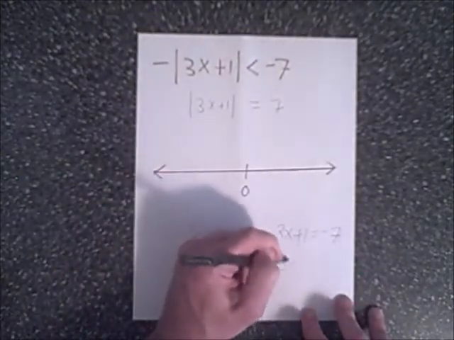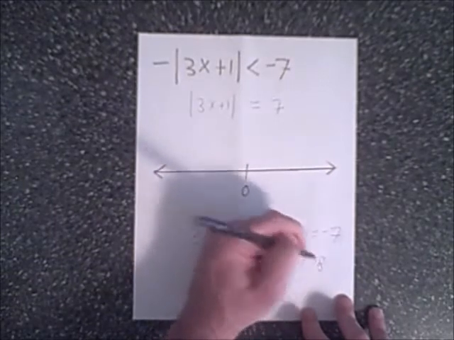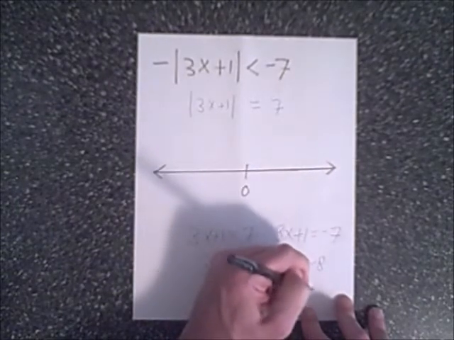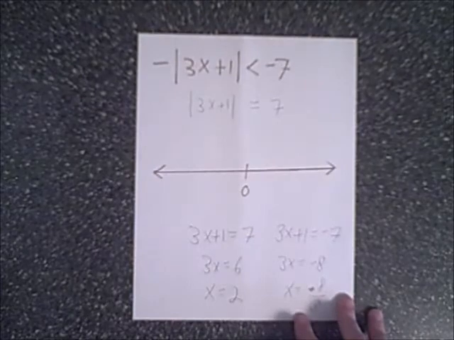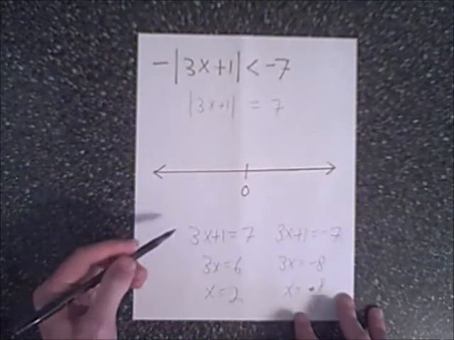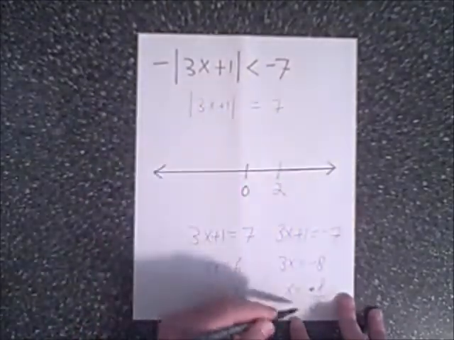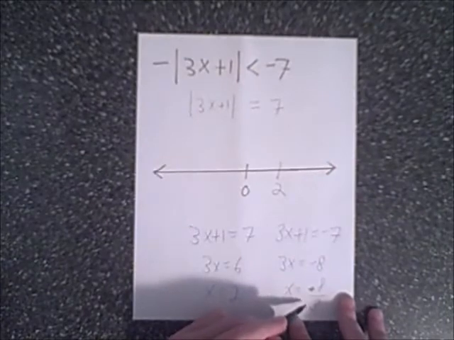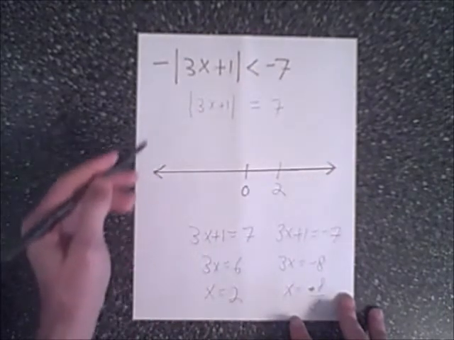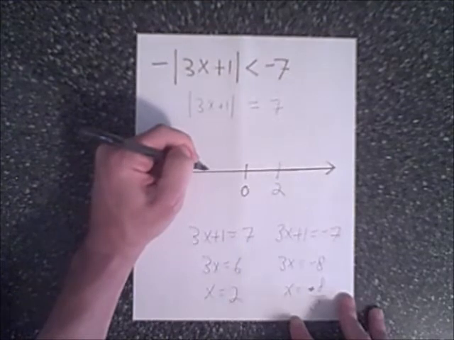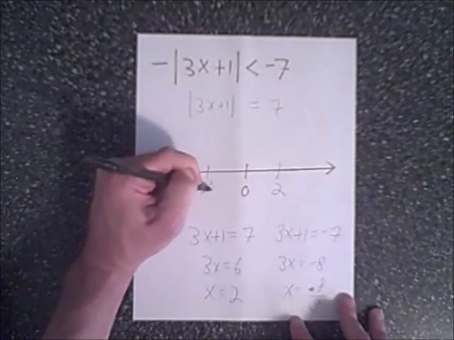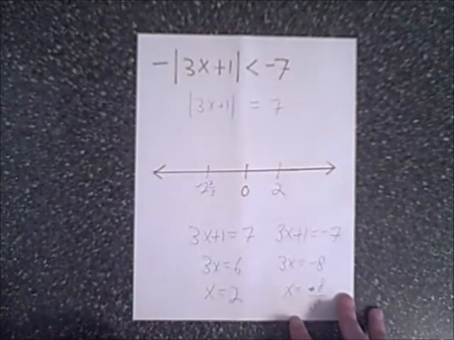And again, we have 3x is equal to negative 8, x is equal to negative 8 thirds. So we have a flip-flop here. We have x equals 2 over here, and negative 8 thirds over there, which is negative 2 2/3. Alrighty, and those are our critical values.